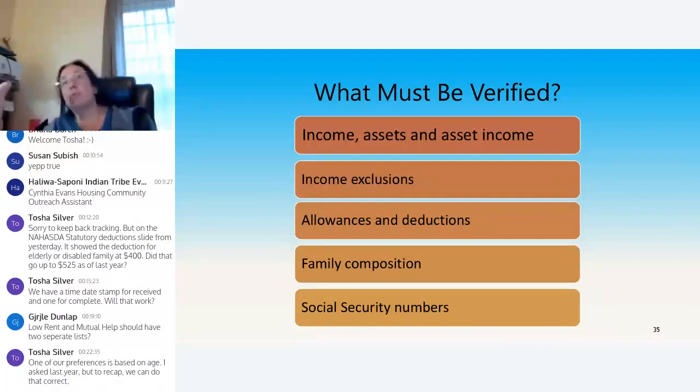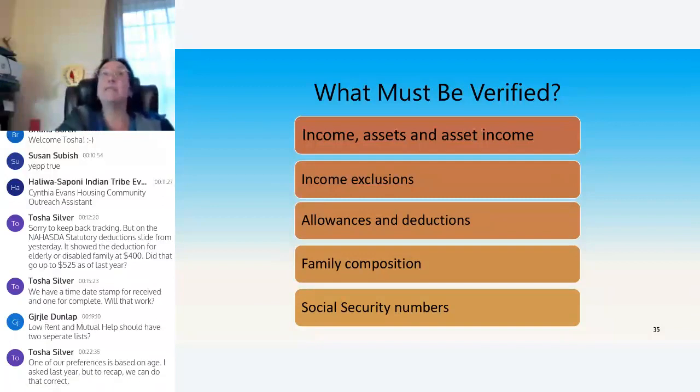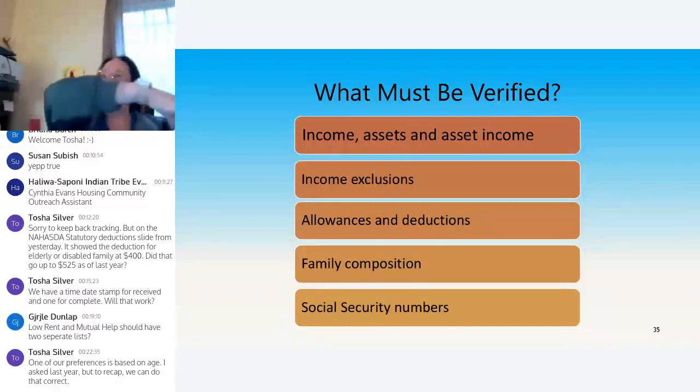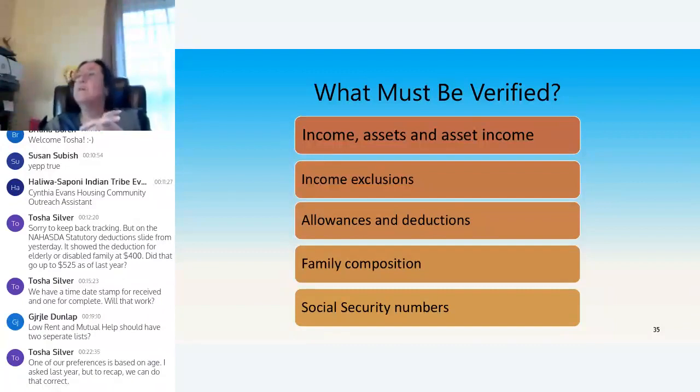So that you wouldn't have to count somebody's income, you might want to verify that the person is under the age of 18, or they're a full-time student and they're not the head of household, the co-head, or the sole occupant. Then they would get a dependent deduction, and you would only count that first portion, and the rest would be cleared. So there are certain things you have to verify in order to give them a deduction.